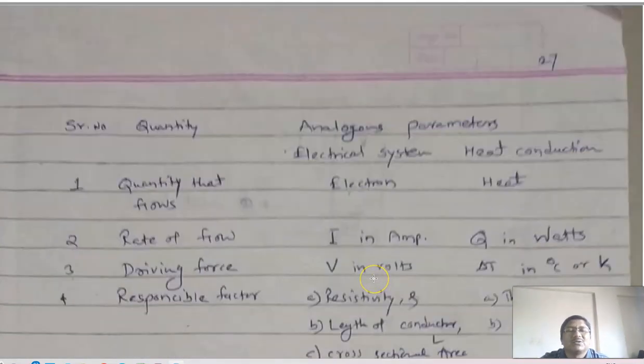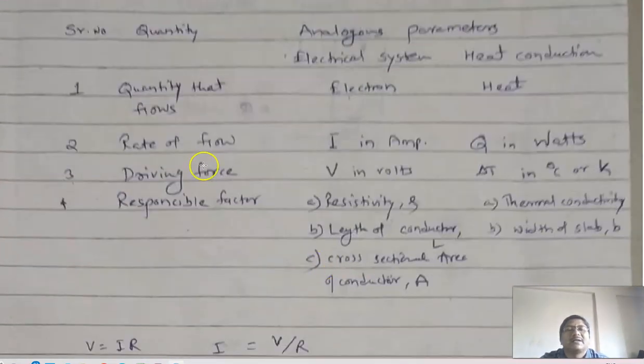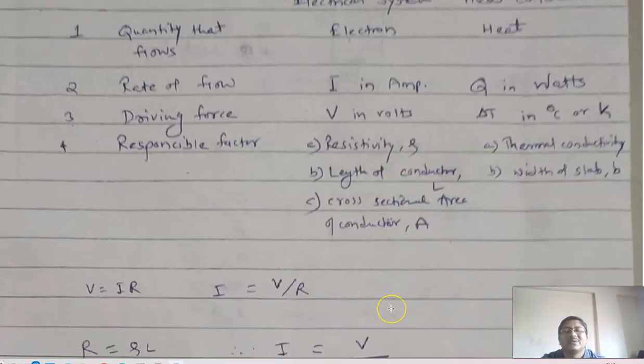The analogy: quantity flowing is electrons in the electrical system and heat in conduction; rate of flow is I in ampere, here Q in watts; driving force is voltage, here delta T in degree Celsius or Kelvin; responsible factors are resistivity, length of conductor and cross-sectional area of conductor, here thermal conductivity and width of the slab.